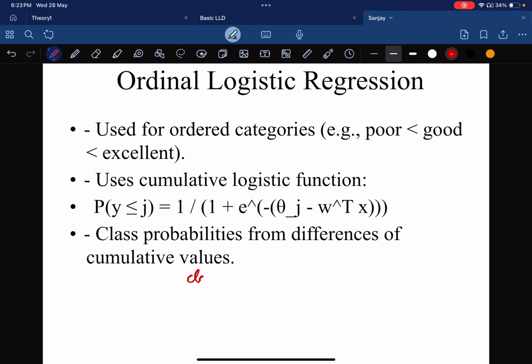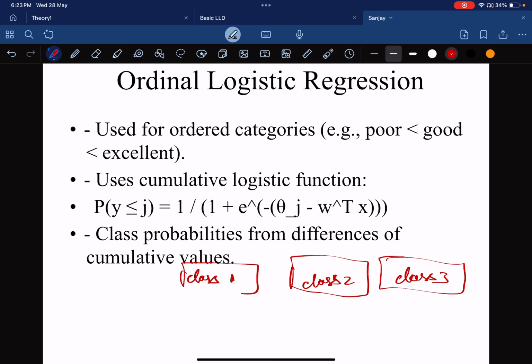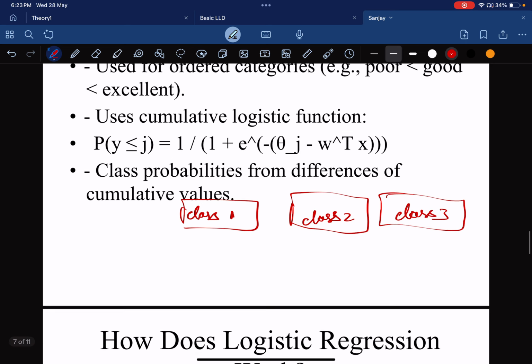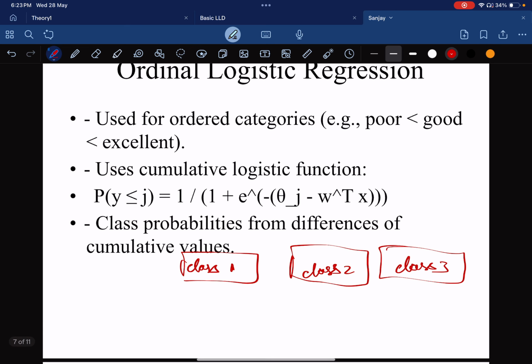For simplicity, we can take three classes: class 1, class 2, and class 3. For all the classes, it uses only one common regression equation. For simplicity, we can take the number of inputs as 2.